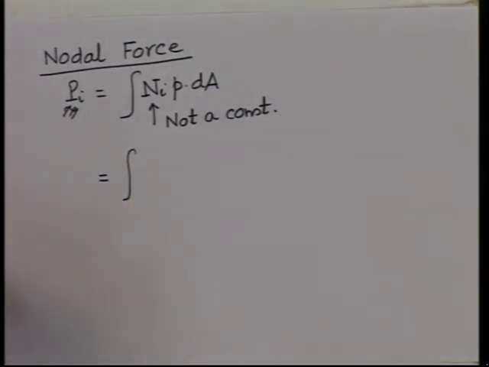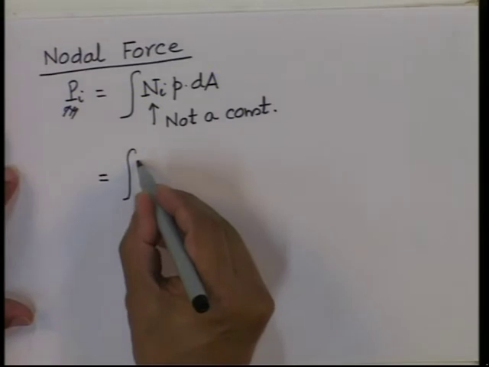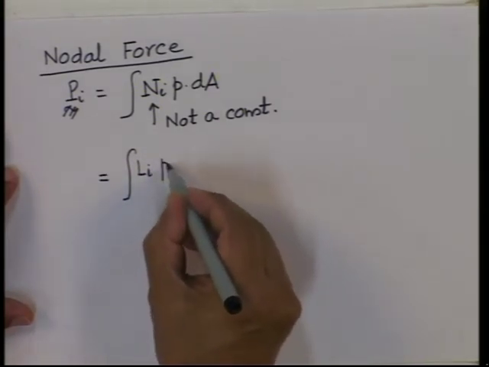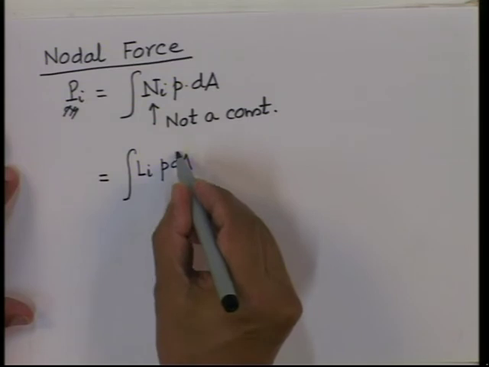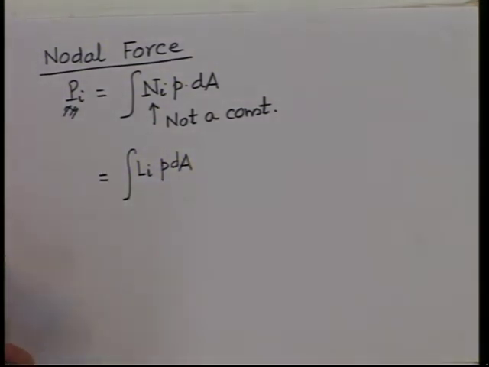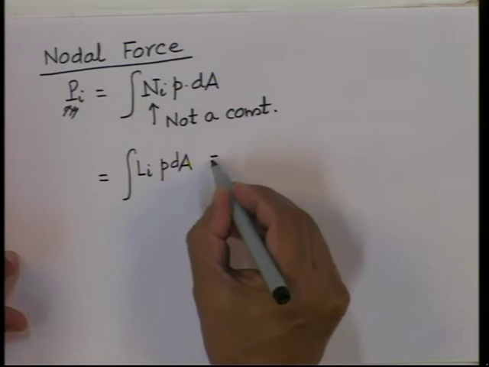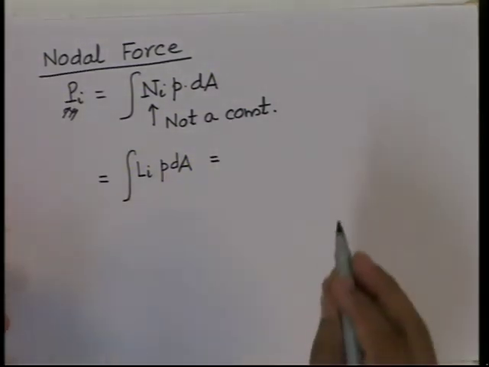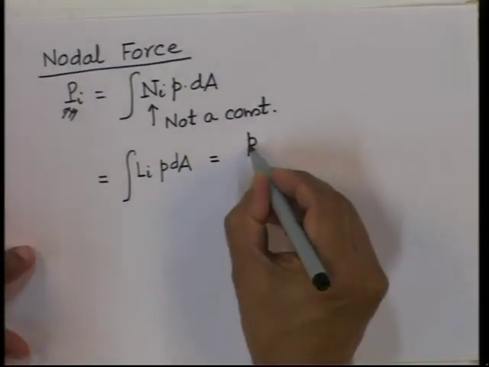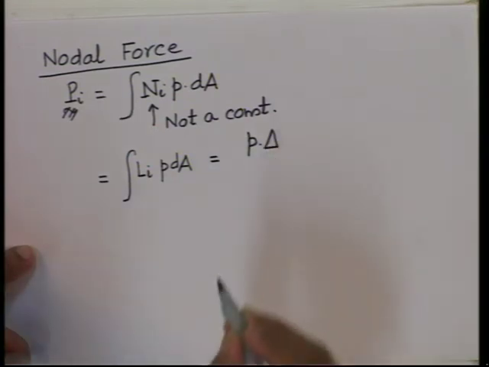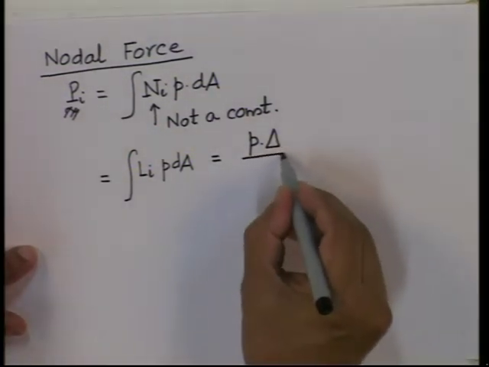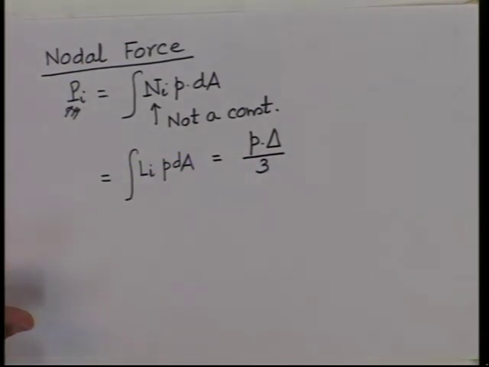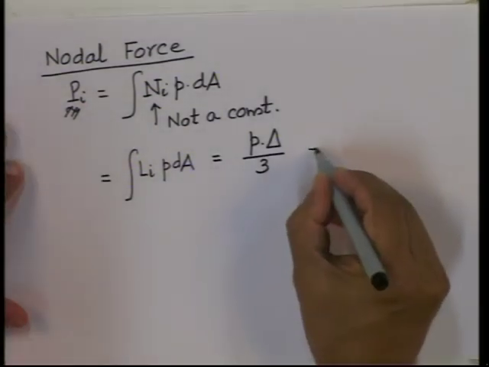It will be the integral of Li P dA, and then they have said that yes, this will be equal to P into the area of the triangle by 3. I will tell you a little later. So, this is from the formula.